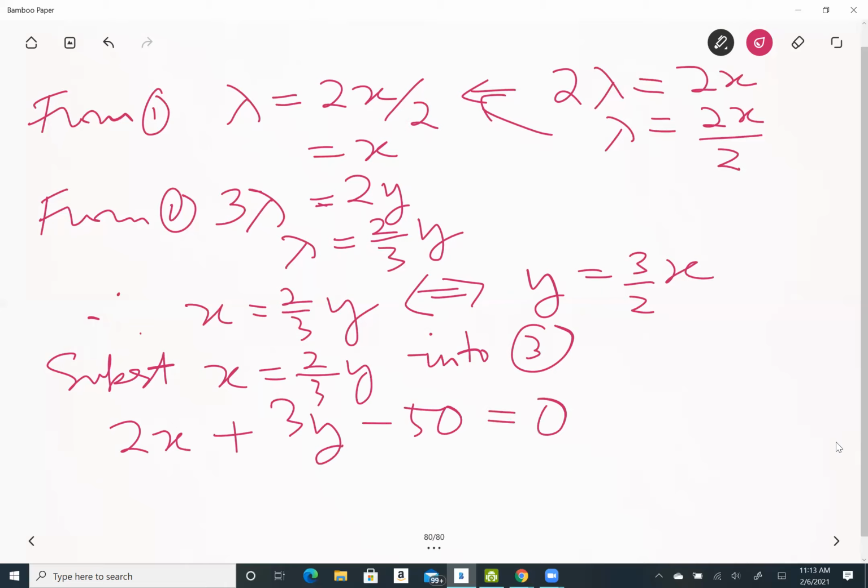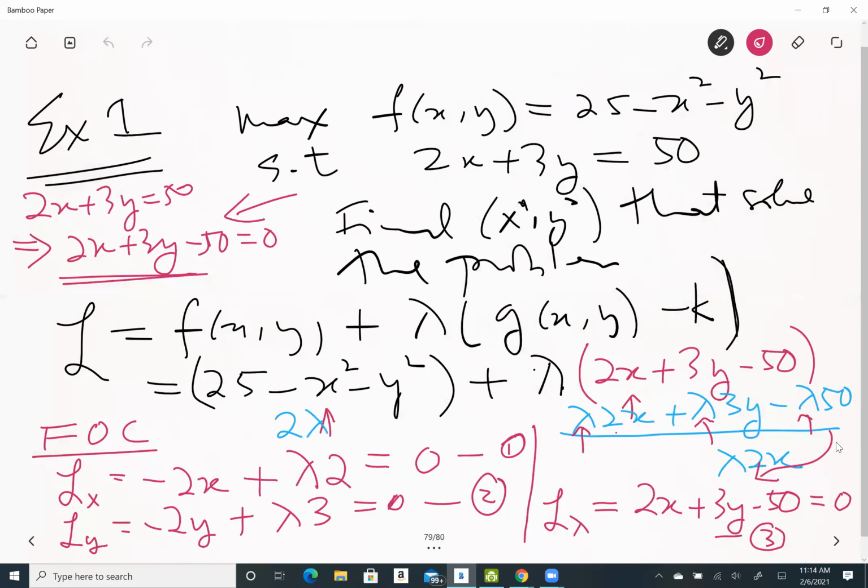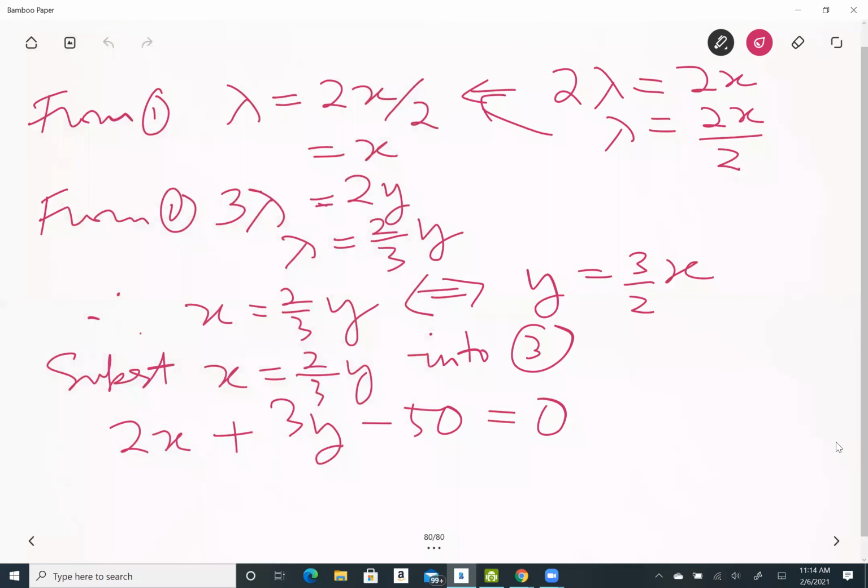So that is L lambda. So now that is equal to 2 over 3 y plus 3y equal 50.